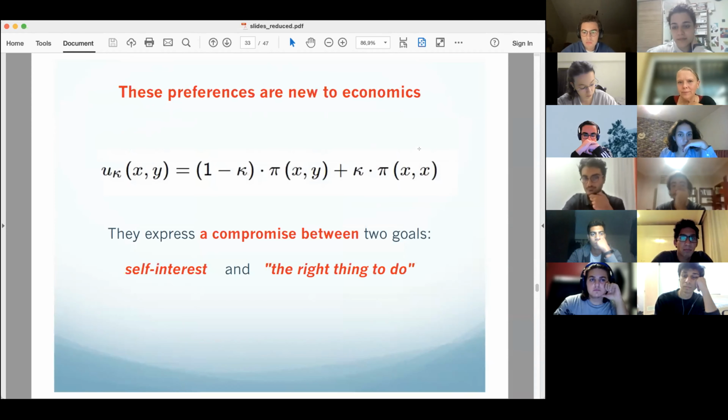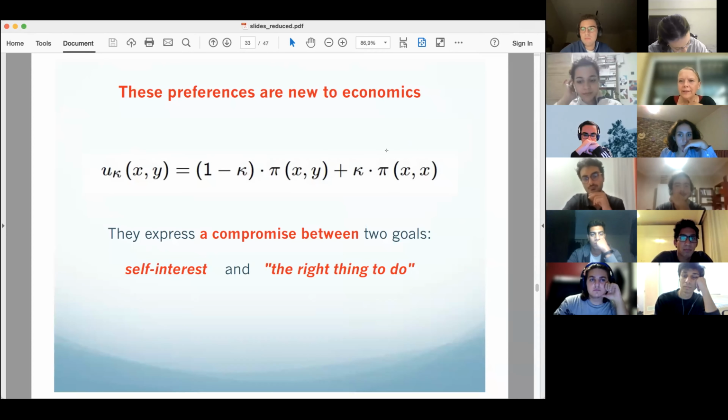No. So indeed, you're absolutely right. The right thing to do would really be having kappa equal to 1, right? So you would forget about your own material payoff. You would simply think about what is the thing I should do if everybody chose to do that.